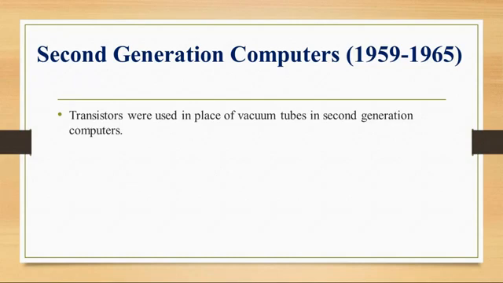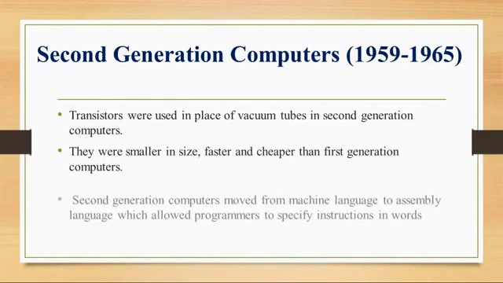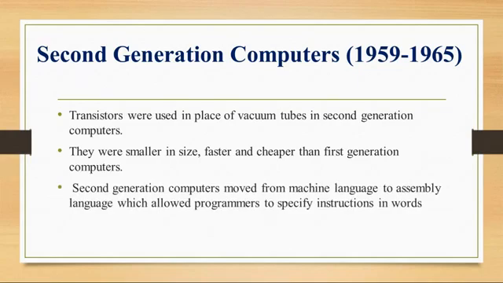The storage capacity of a computer also increased during this generation. Second generation computers also started showing the characteristics of modern utility such as printers, disk storage, and operating systems.